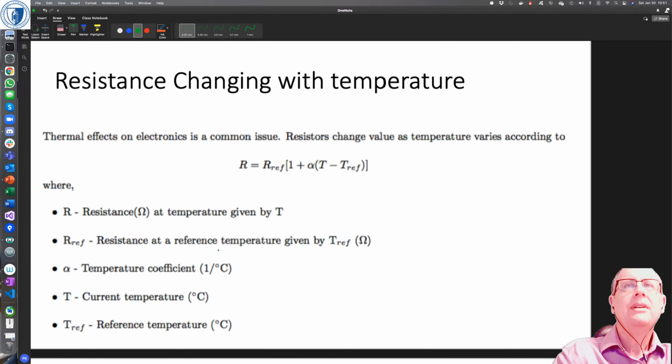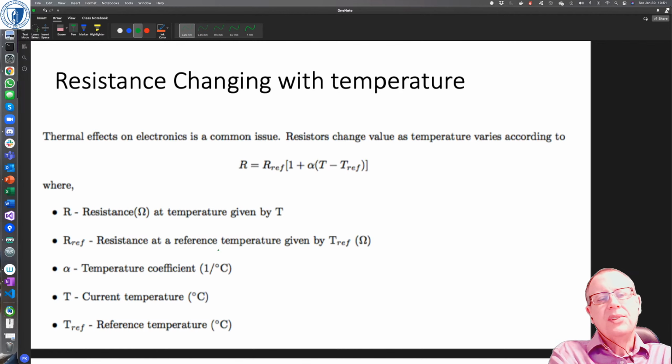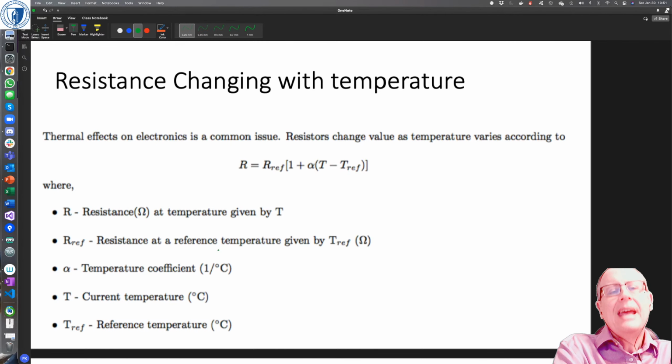And just because you have a resistor that is 10k ohms at the current temperature doesn't mean it stays that way. In fact, most resistors are not thermally stable, so you have to take account of the variation.